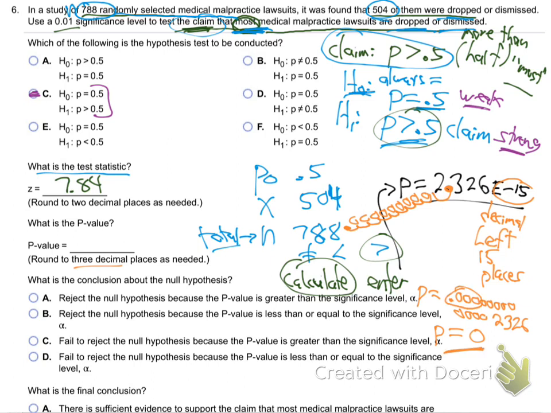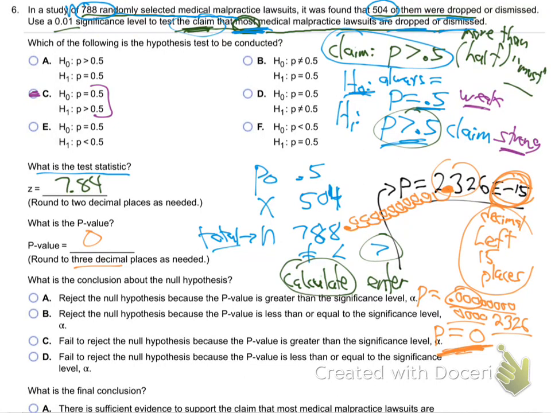So understand that the p-value is zero. It's not 2.32, because that e to the minus 15 means move that decimal 15 places left. So it's a whole bunch of zeros. 2326, rounded to 3 places, p is 0. All right, now we've got to talk about what that means.